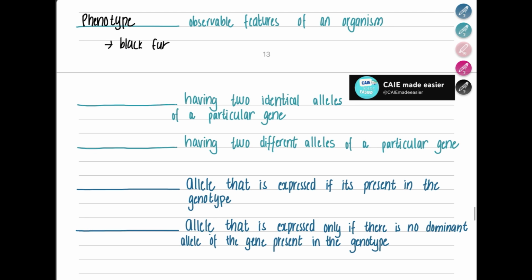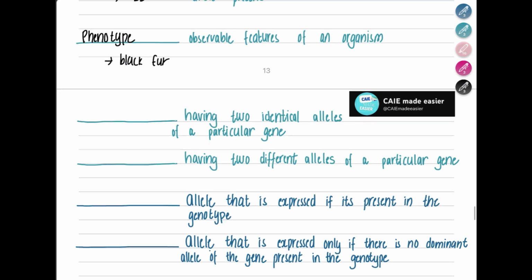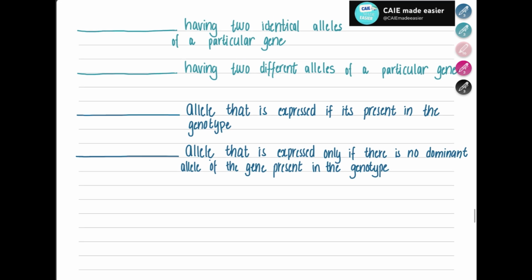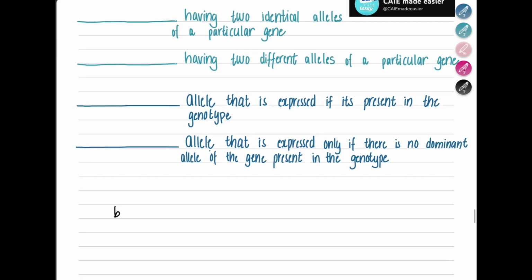Next, having two identical alleles of a particular gene. When alleles are identical, for example, we have BB or we have capital BB, both of them are homozygous because they both have the same type of allele.